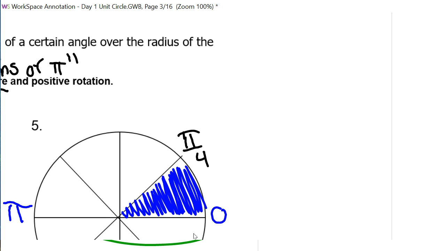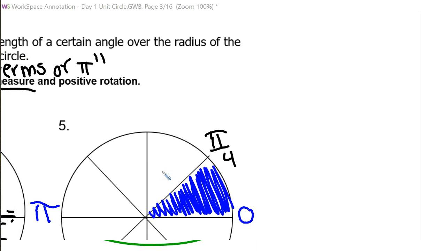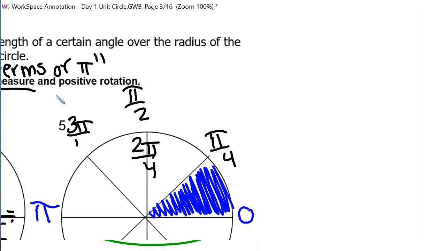So if I keep going in a positive rotation, this one would be 1 pi over 4. This next one technically is 2 pi over 4. And 2 pi over 4 in simplest terms would be what? Pi over 2. What would the next one be? 3 pi over 4. What would the next one be? 4 pi over 4, which is equal to pi.